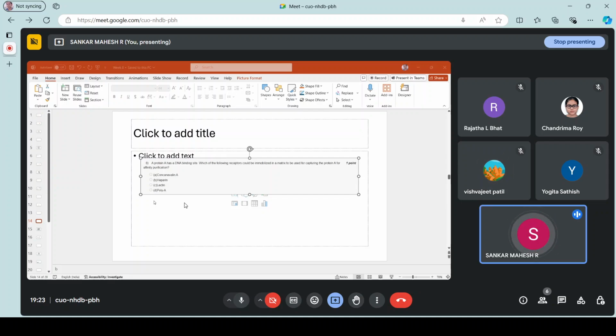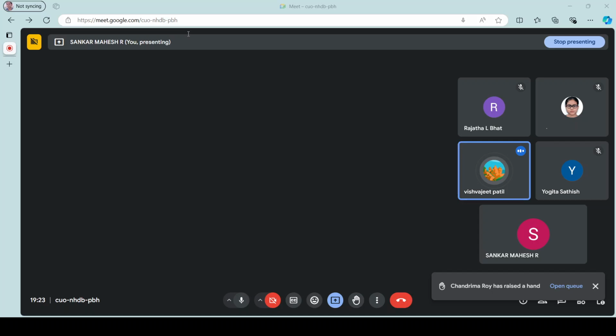Okay. What is lectin, Vishwajit? I think it is a polysaccharide. Is it a polysaccharide or is it a protein? What is it? Sir, I think it is a polysaccharide.